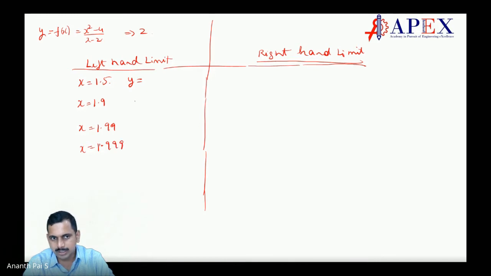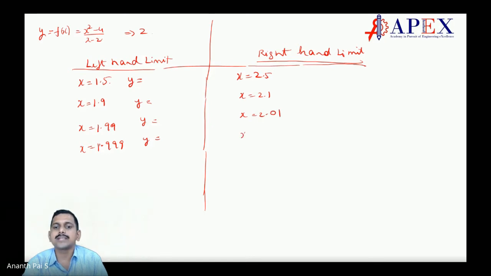See what is the y you get. And similarly here, you start from the bigger side. Say x is equal to 2.5, then x is equal to 2.1, then x is equal to 2.01, then x is equal to 2.001, and see what are the y's. Just do the math. I will also do the math.